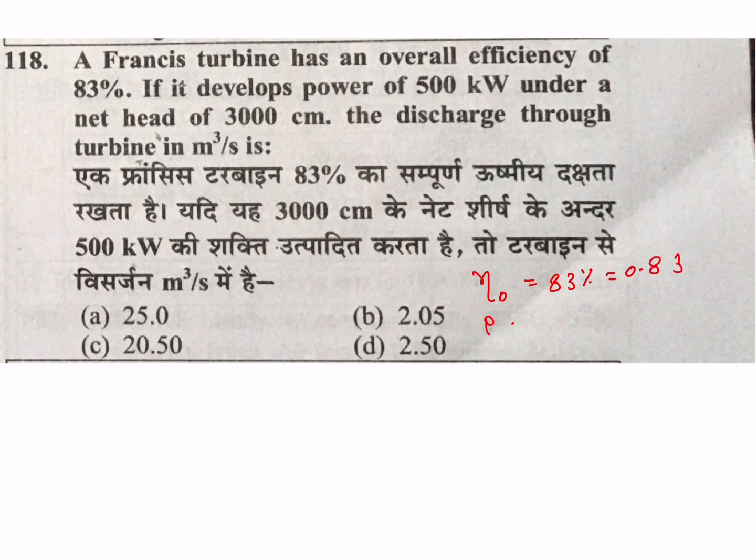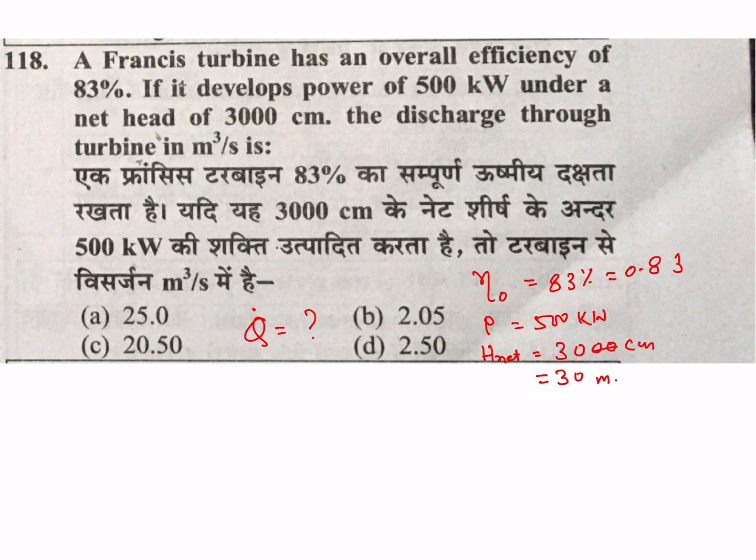Power P equal to 500 kilowatt. Head, net head, 3000 centimeter or in meter 30 meter. We have to calculate discharge, Q dot.